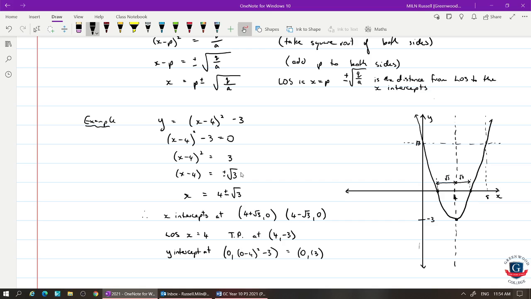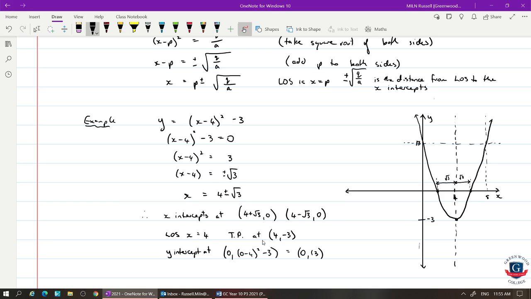Take the square root of both sides, remembering to have both the positive and the negative solution. Add 4 to both sides, and we can now see that the x-intercepts are at 4 plus or minus root 3. So here's 4. Minus root 3 would be to here, plus root 3 would be to here. And that's all I've written here. I could find out the decimal values of it, but that's sufficient for what I'm trying to show.